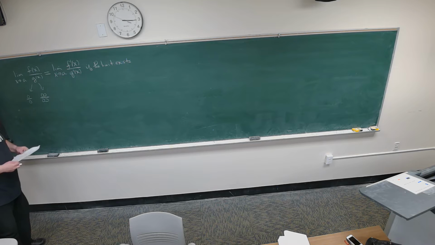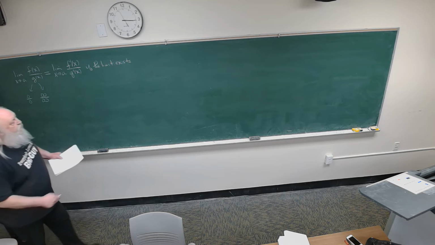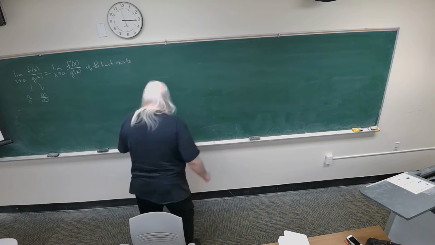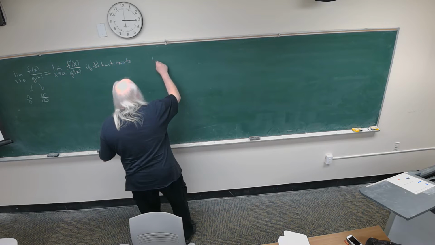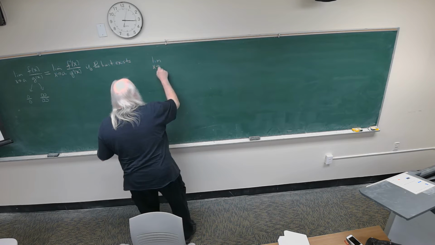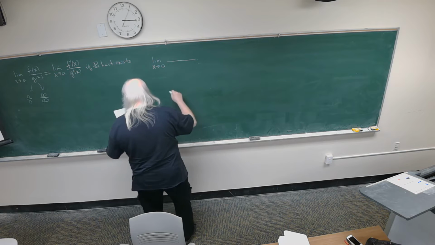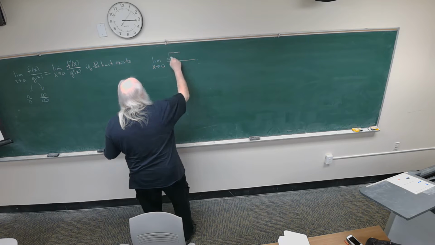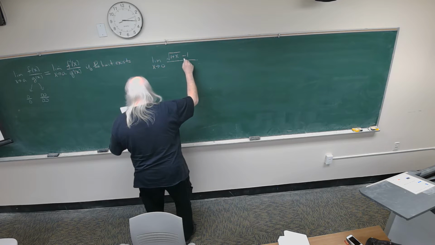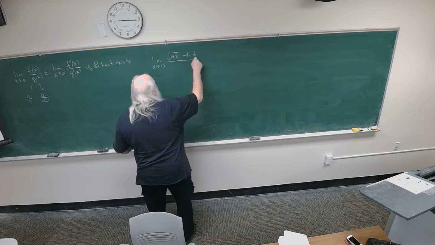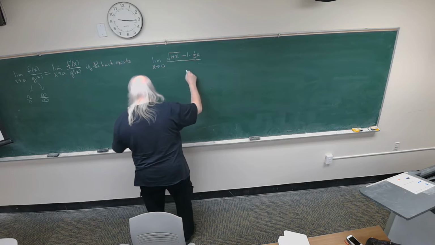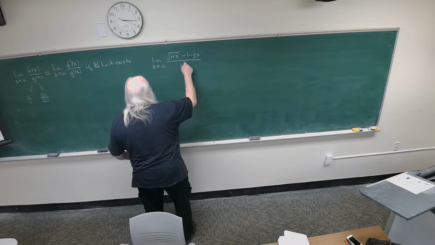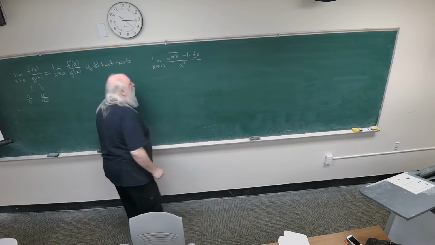Okay. So we did an example at the end of class yesterday. So let's do another one. Do the limit as x approaches 0 of the square root of 1 plus x minus 1 minus 1/2 x over x squared.